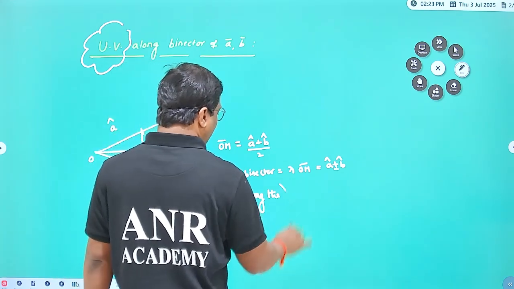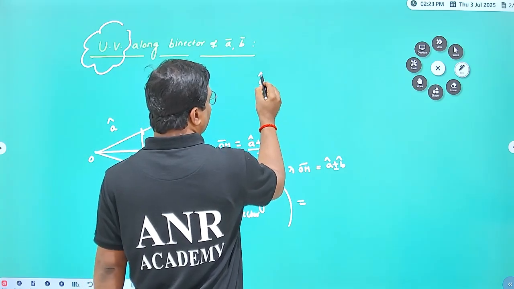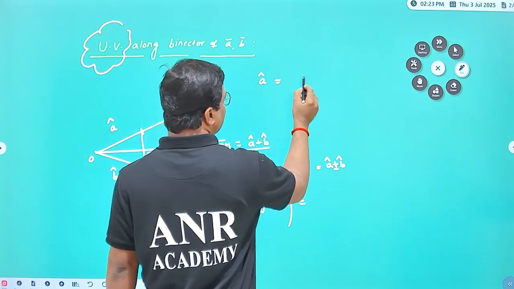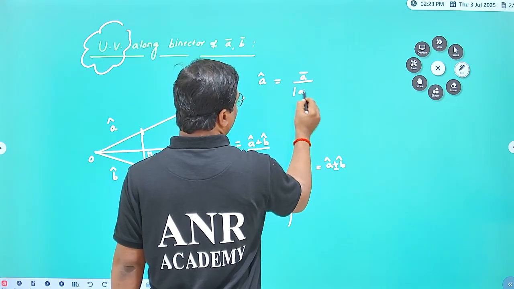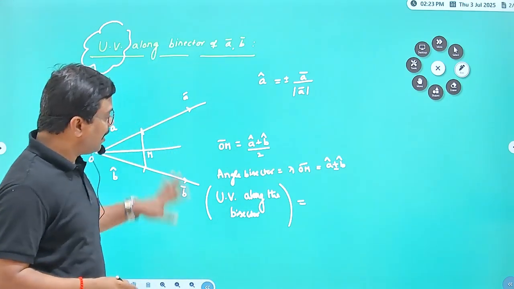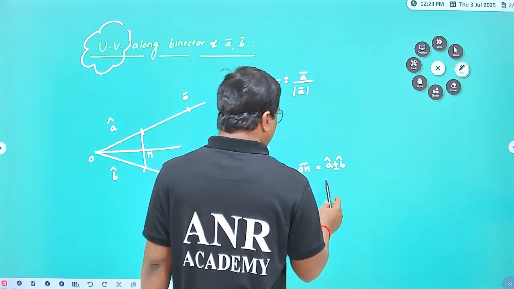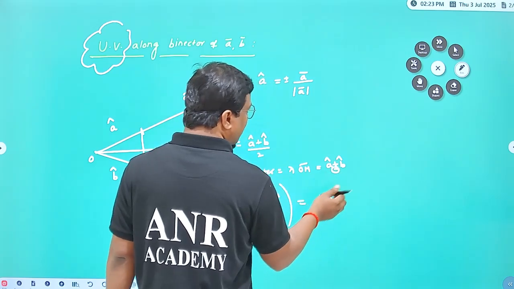To find the unit vector, you know that if there is a vector a bar, then its unit vector is written as a cap, a by modulus a with plus or minus sign. And here only one case I am going to select.